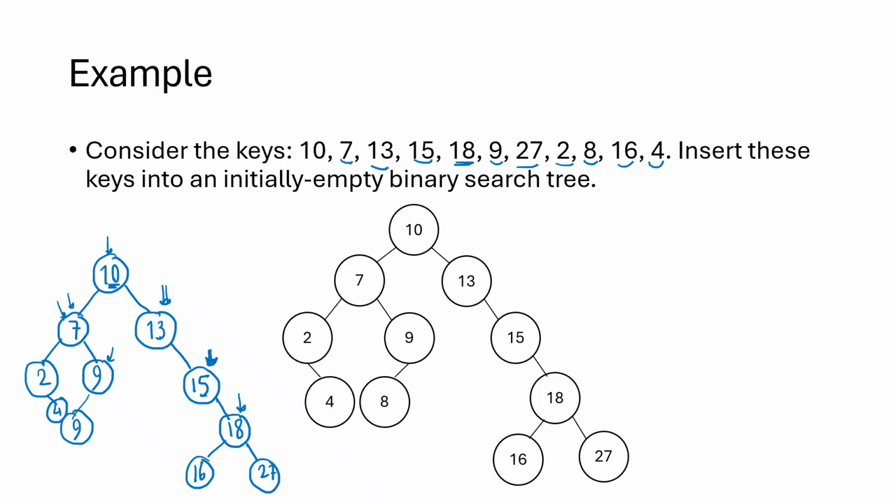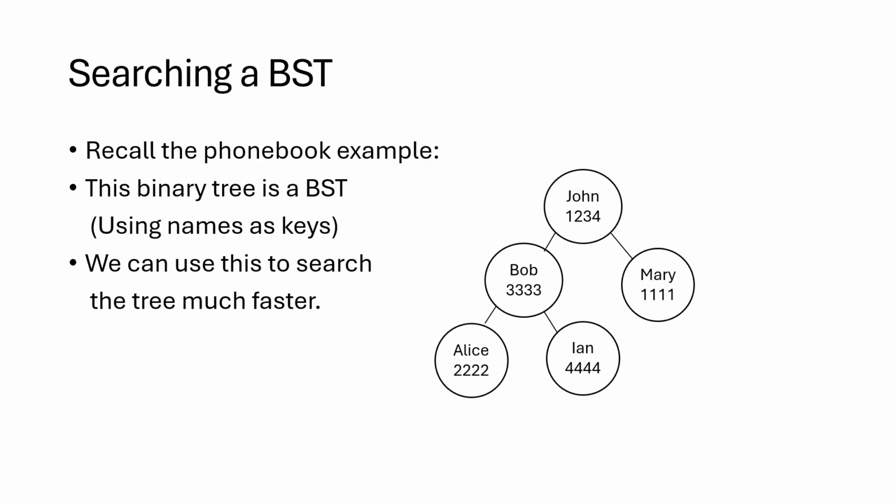Now, for the next operation, searching a binary search tree, let's go back to our phone book example from our previous video when we said that we can use binary trees as some type of data structure where the name is the key and the value is the phone number.